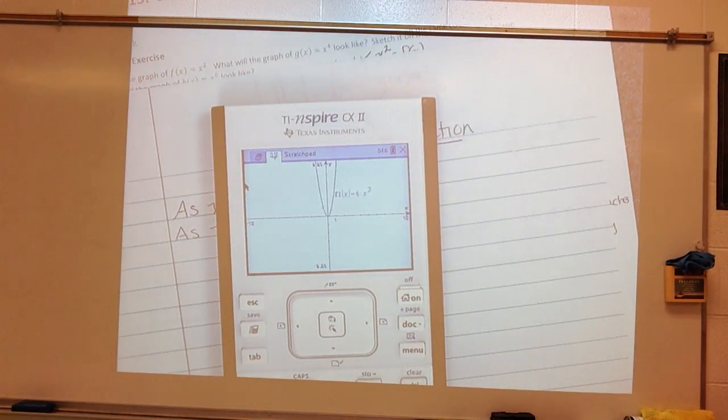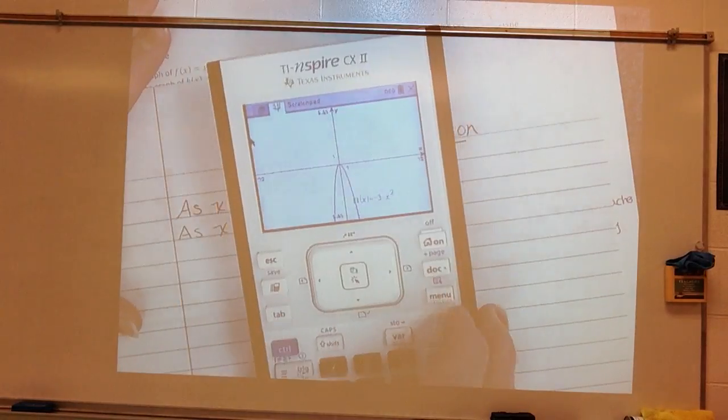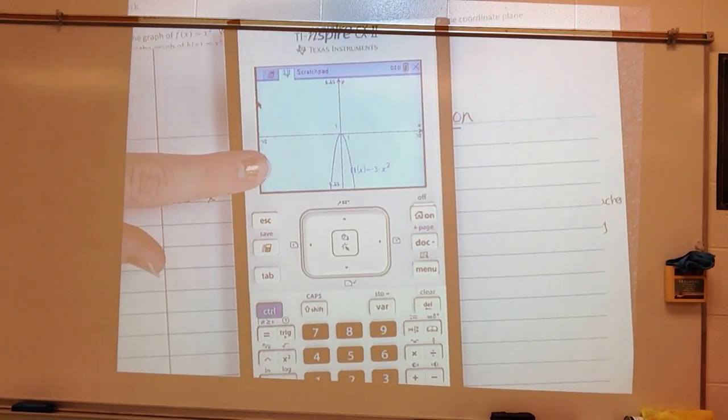It's still approaching positive infinity on the negative side. But what happens when I have this? Let's do negative 3x squared. Look at my degree. I have an even degree function, but look at my graph. It's now on the bottom.